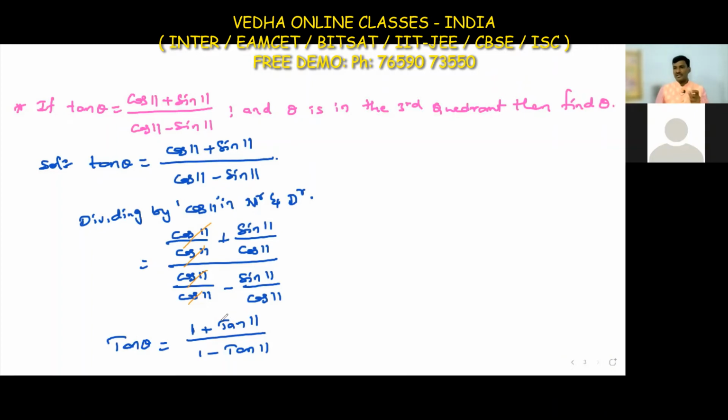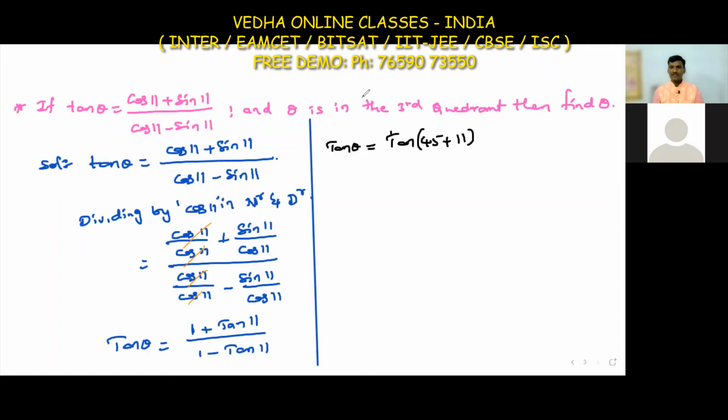Tan 45 plus theta, tan A plus B formula, or tan 45 plus theta we can apply here. Now if we apply the formula, then what we get? Tan 1 plus tan theta by 1 minus tan theta is tan 45 plus theta. Theta is 11 here.